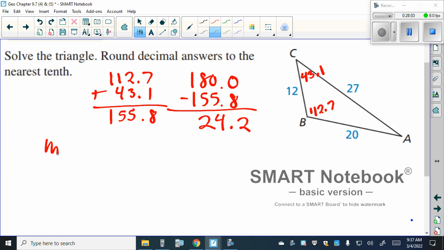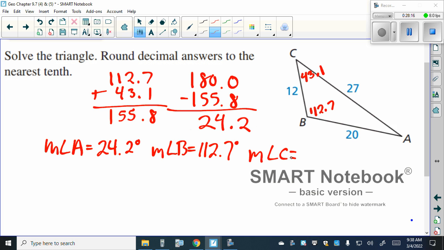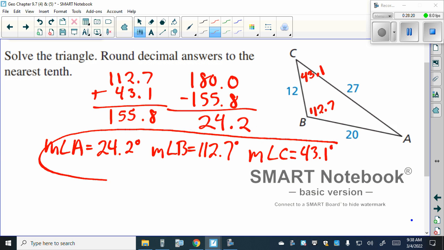So the measure of angle A is 24.2 degrees. The measure of angle B is our 112.7 degrees. And the measure of angle C is our 43.1 degrees. And that's it. That's all we have to do. Any questions on these here?